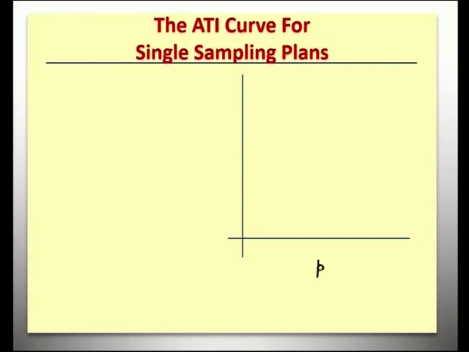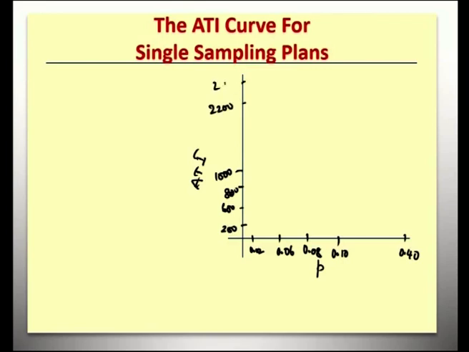Next we shall draw the ATI curve, the average total inspection curve, for single sampling plans. Again P is taken as 0.02, 0.06, 0.08, 0.10 and so on, going up to 0.40. The ATI values start from 200, 600, 1000, 800, then 1000, and go up to 2200 and 2600.